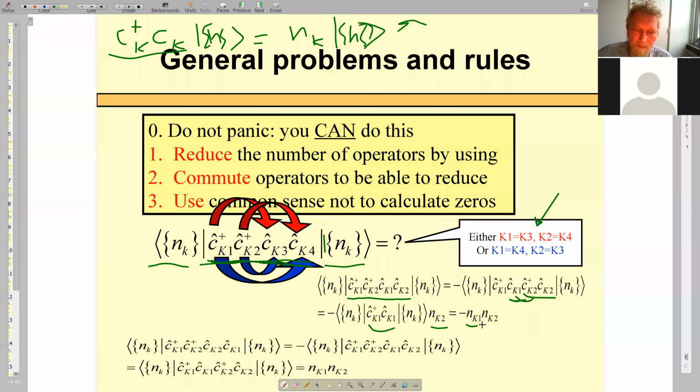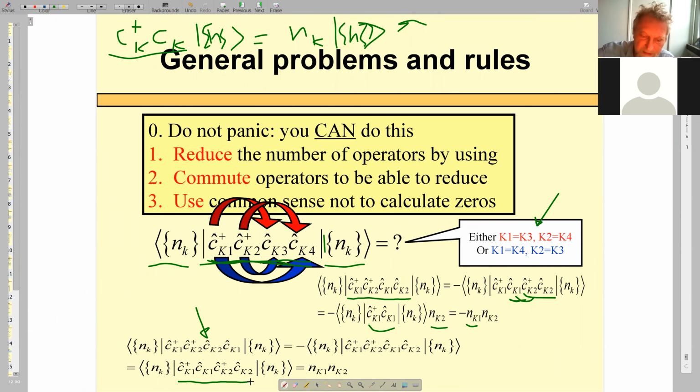Right, for the blue way, I have to commute twice before I get C and C dagger in proper order.